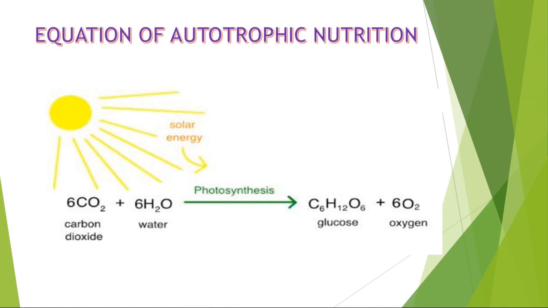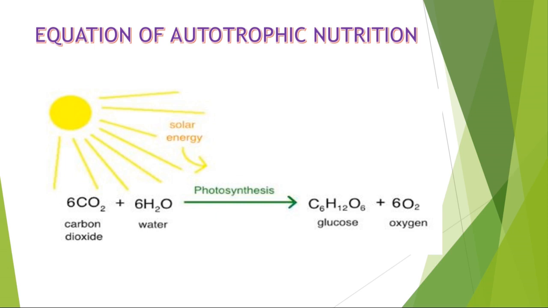So, this is the basic equation followed by autotrophic nutrition. Green plants and cyanobacteria take carbon dioxide from the air and water, and they are processed by photosynthesis in the presence of chlorophyll, trapping the solar energy, and they produce glucose, C6H12O6, plus oxygen.